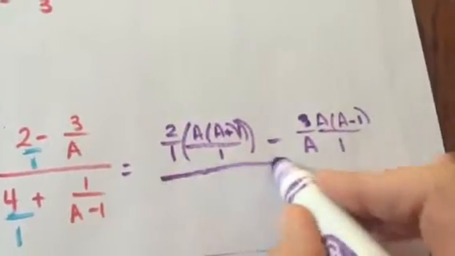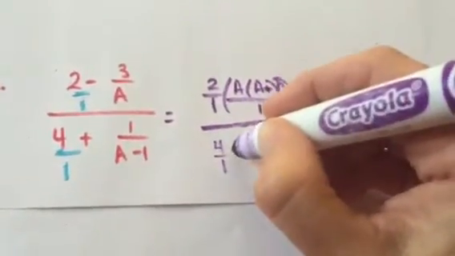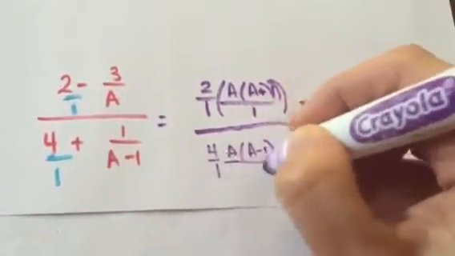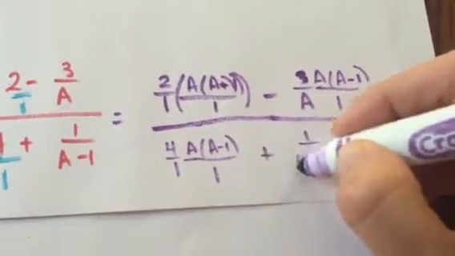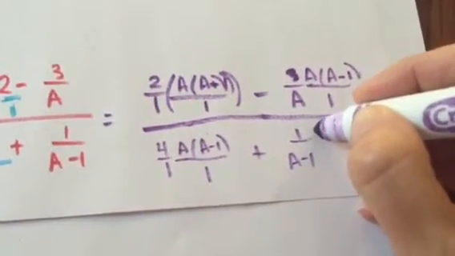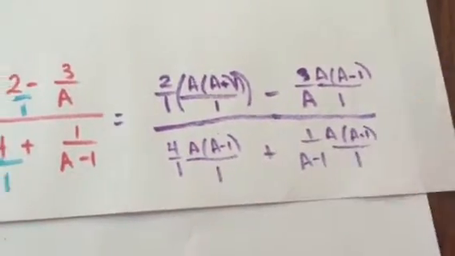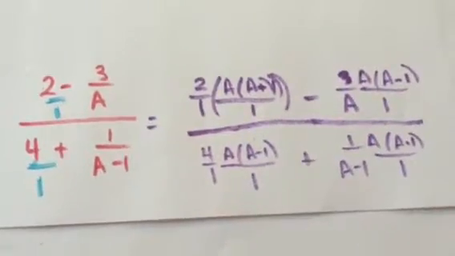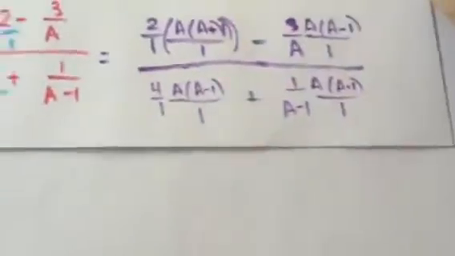And that's all over, here's my 4 over 1. I'm going to multiply that times a minus 1. Plus, there's my 1 over a minus 1. I'm going to multiply that times a minus 1. Notice I multiplied all of them by the same thing, the common denominator, a times a minus 1. Sometimes things will cancel, sometimes they don't.